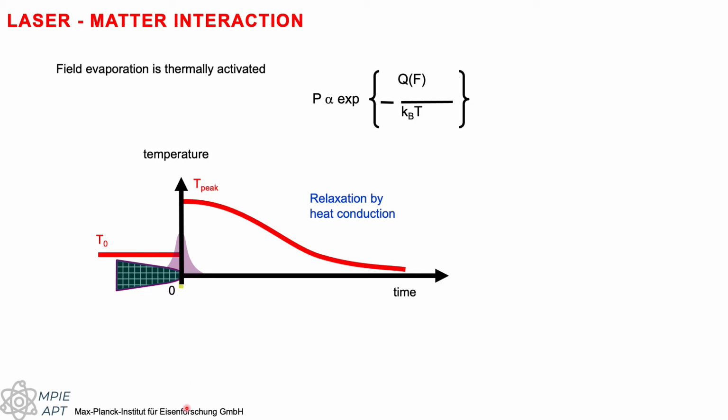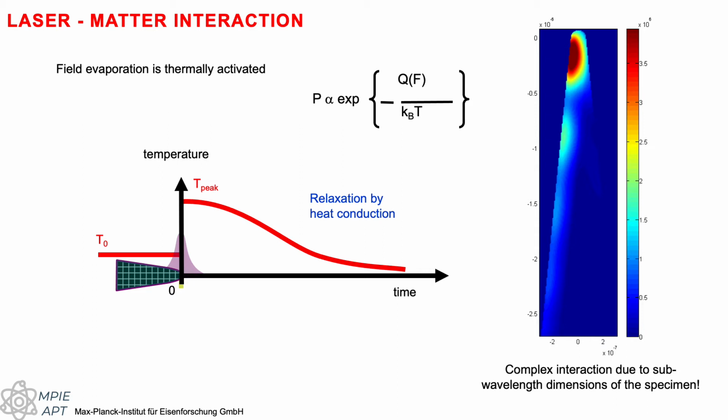So what I can do is just heat the specimen locally at the apex with a short pulse, and then the temperature of the specimen will increase, and then because this is hot and this is cold, the heat will be conducted away, so the temperature will progressively drop over time.